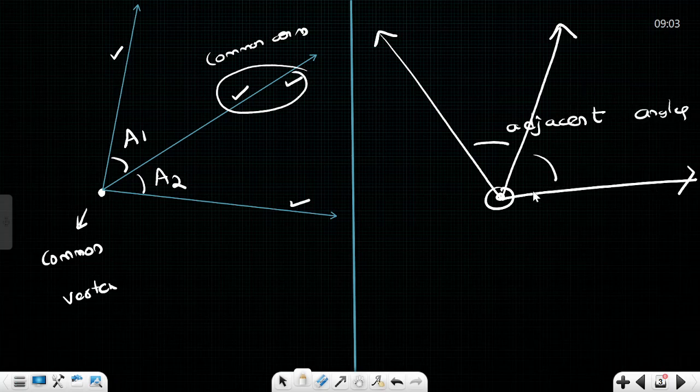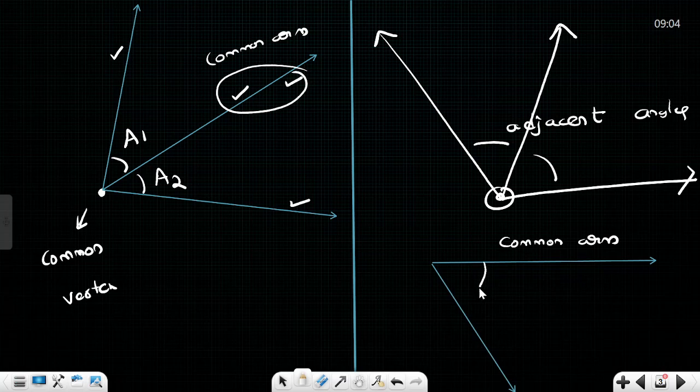So now let me give an example of angles which are not called adjacent. Akshita, I just wanted to draw it like this. Let's say this is the common arm. Now one angle is like this. This is one angle.